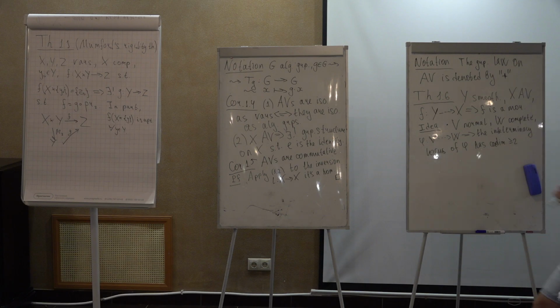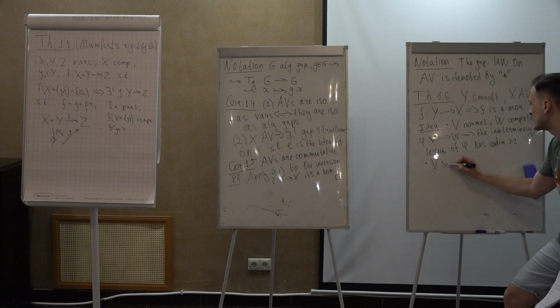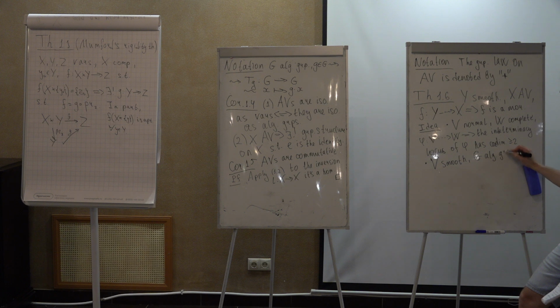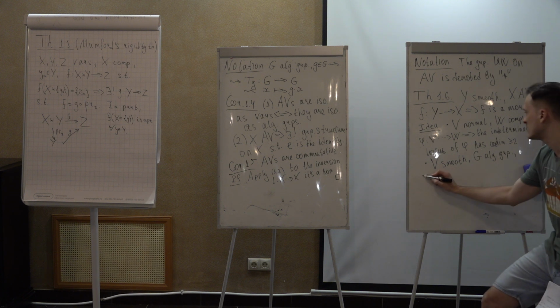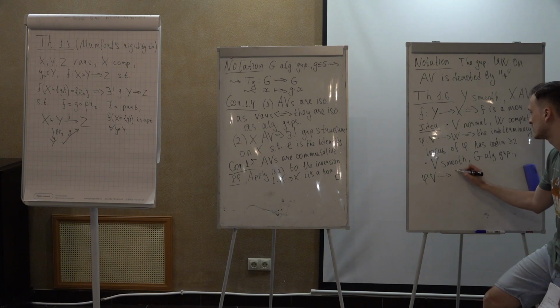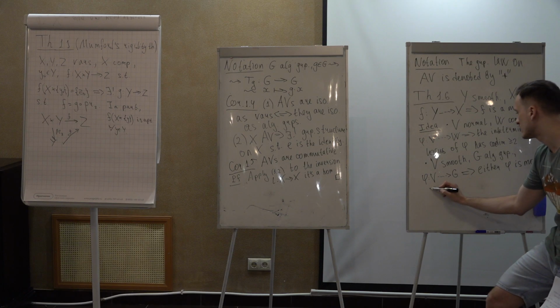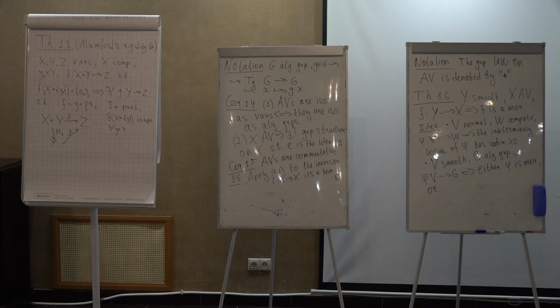That's the first fact. And the second general fact, that if I have a smooth variety and I map it into an algebraic group G, and I have a rational map, then either it's a morphism or the indeterminacy locus is a divisor, right?